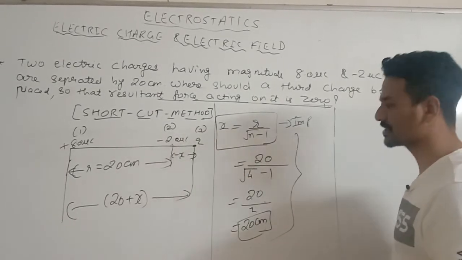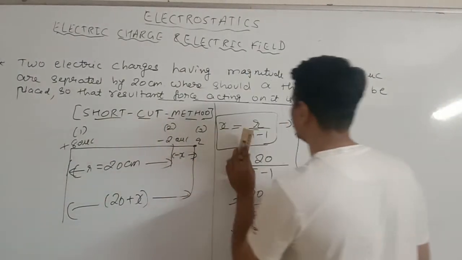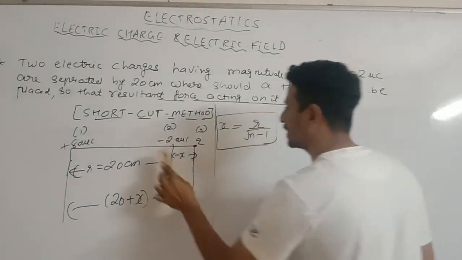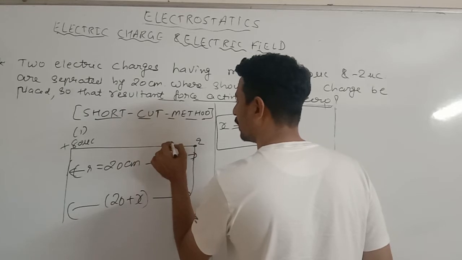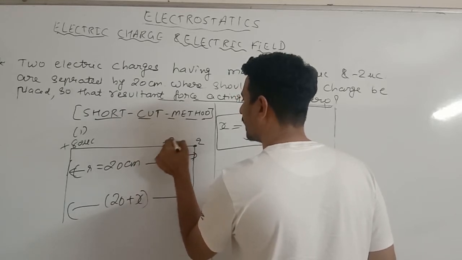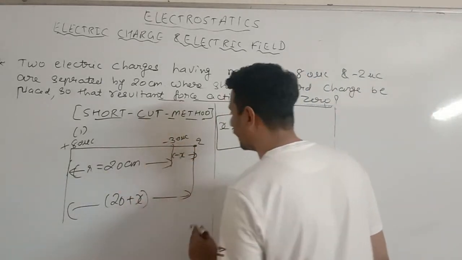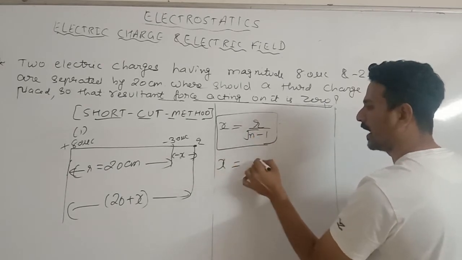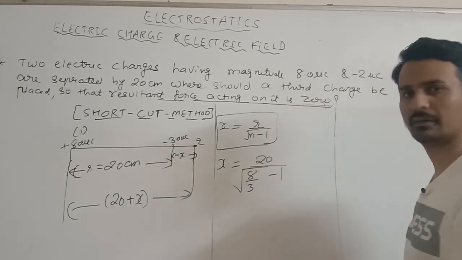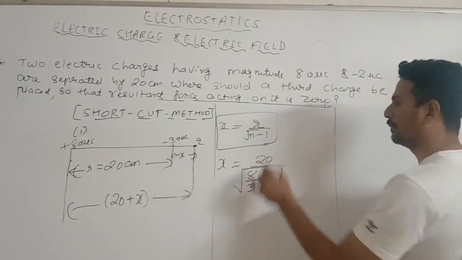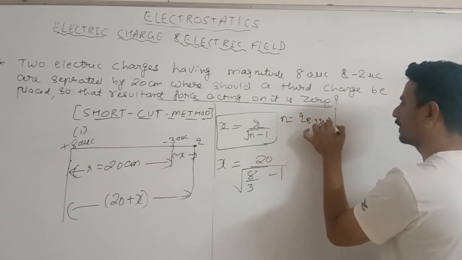Sometimes the question arises like, if this is 8 and this is, say, minus 3. Now we cannot say directly that 3 into something is 8, but we use the same formula: R is 20, root n, so that should be root of 8 by 3, minus 1. That's it. Clear? So basically n simply represents the ratio of bigger charge by smaller charge.